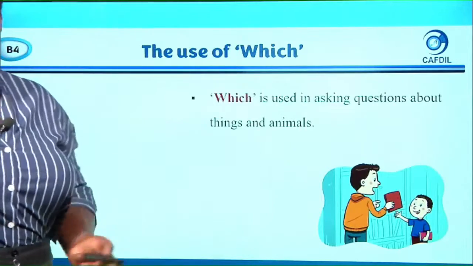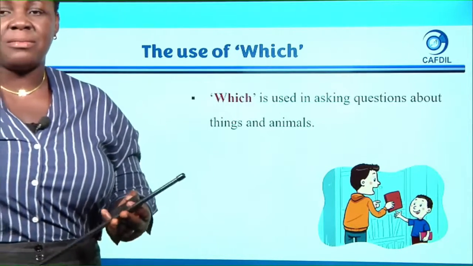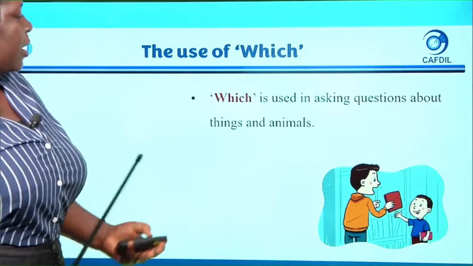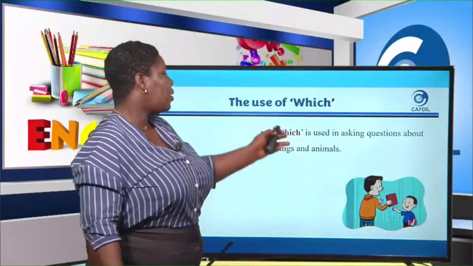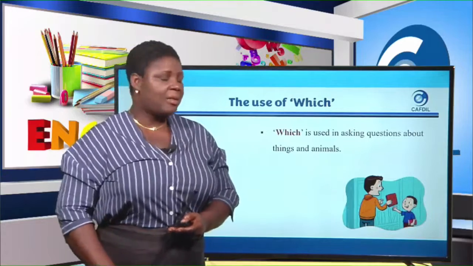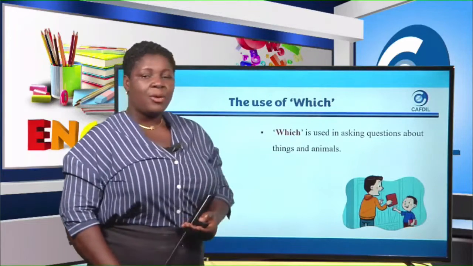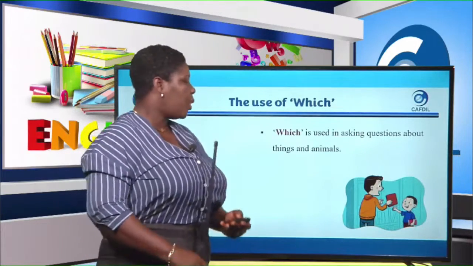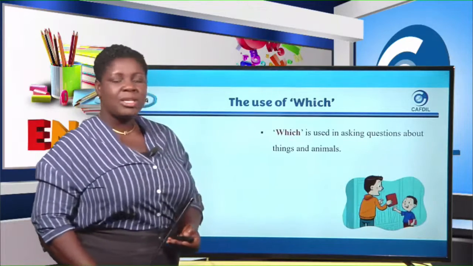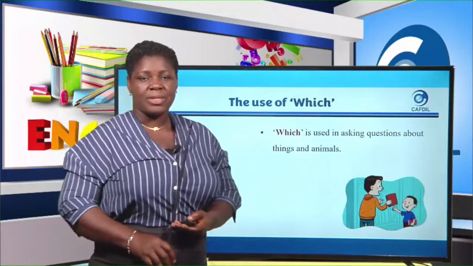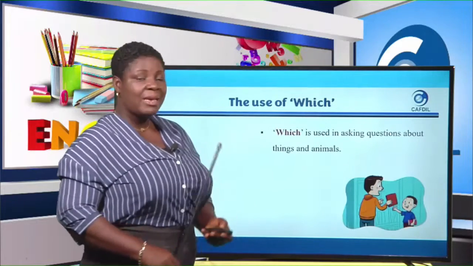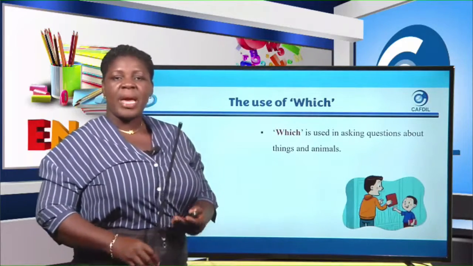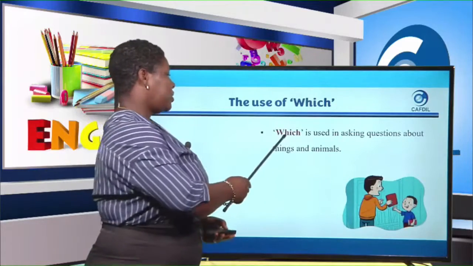So anything that you find around and you want to ask a question about it, you can use which in asking questions. And also you can use which in asking questions about animals.